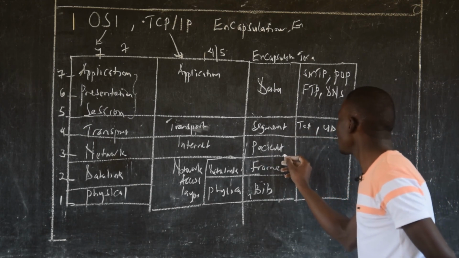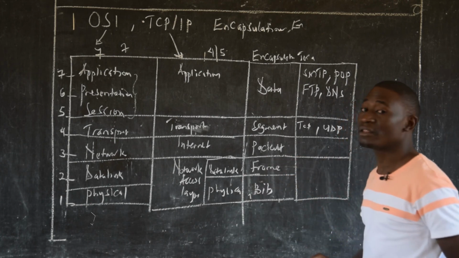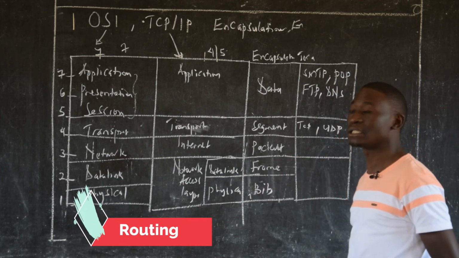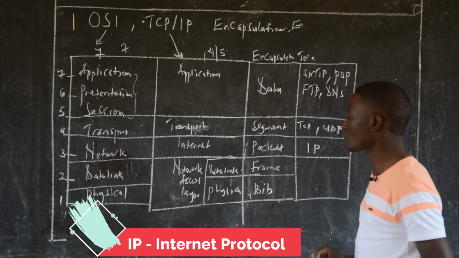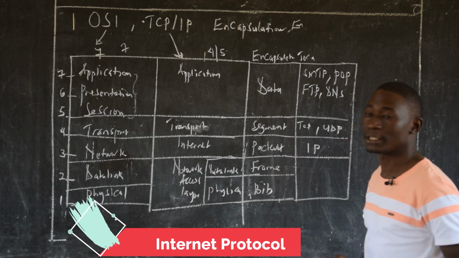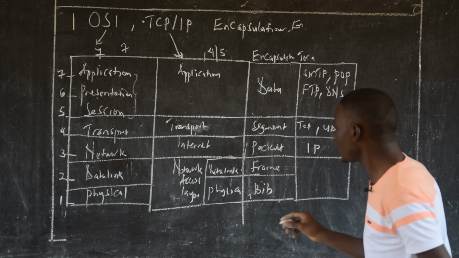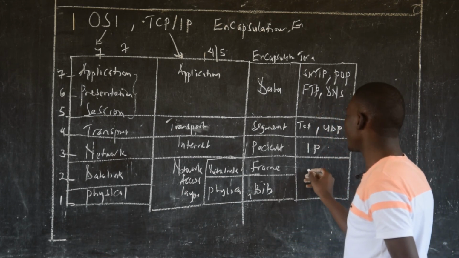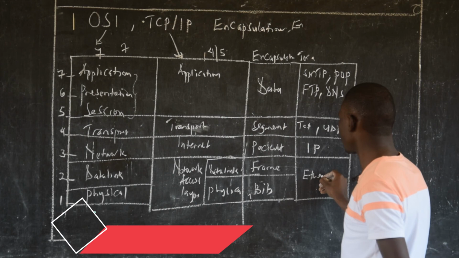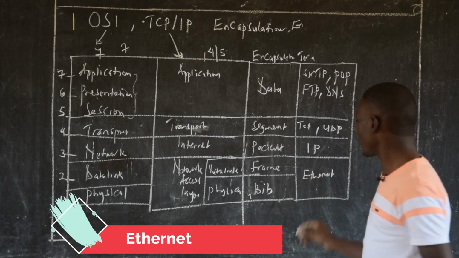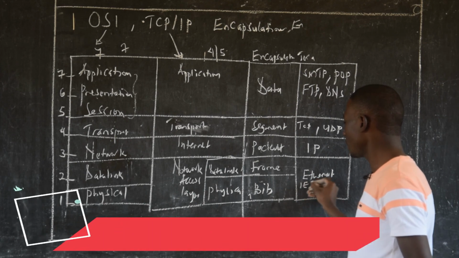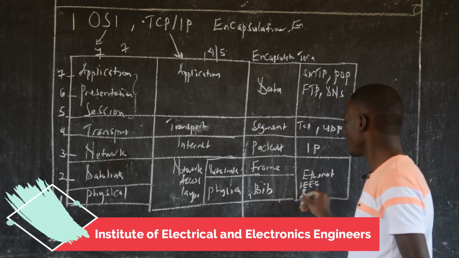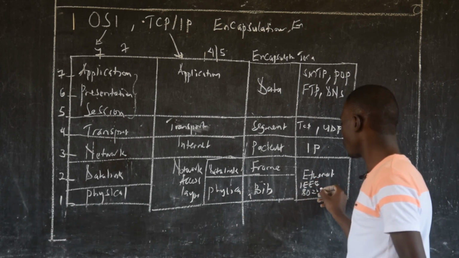Then when it comes to the network layer, remember this is where we always have what we call the routing, and we shall have the IP. Then, down here, we shall have the Ethernet. For example, is it going to be physical? We say IEEE 802.3.